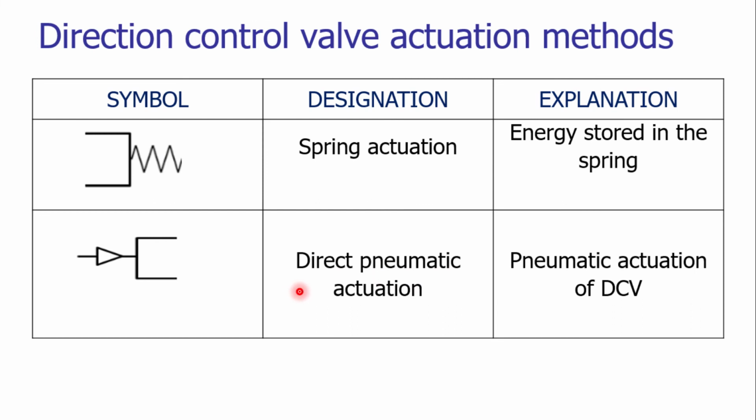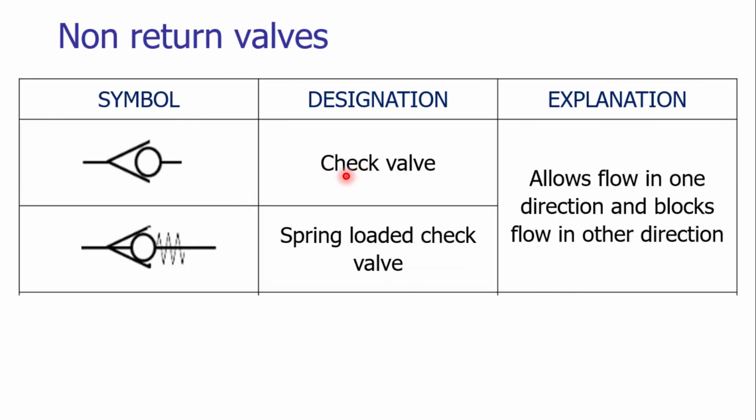When we are using compressed air to operate the valves, we are using an arrow, an empty arrow that is not filled in, and that is designating the direct pneumatic actuation. The check valve is represented by using this symbol.